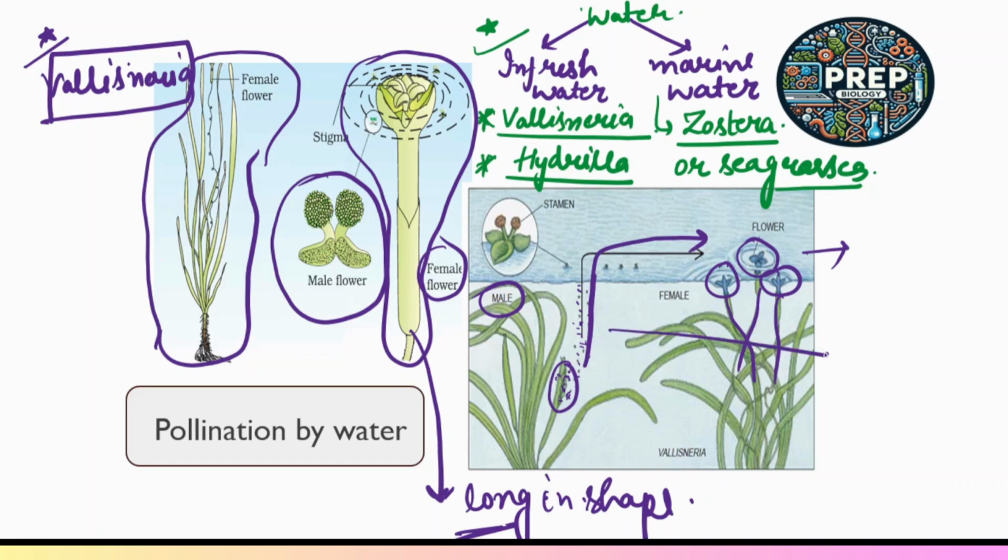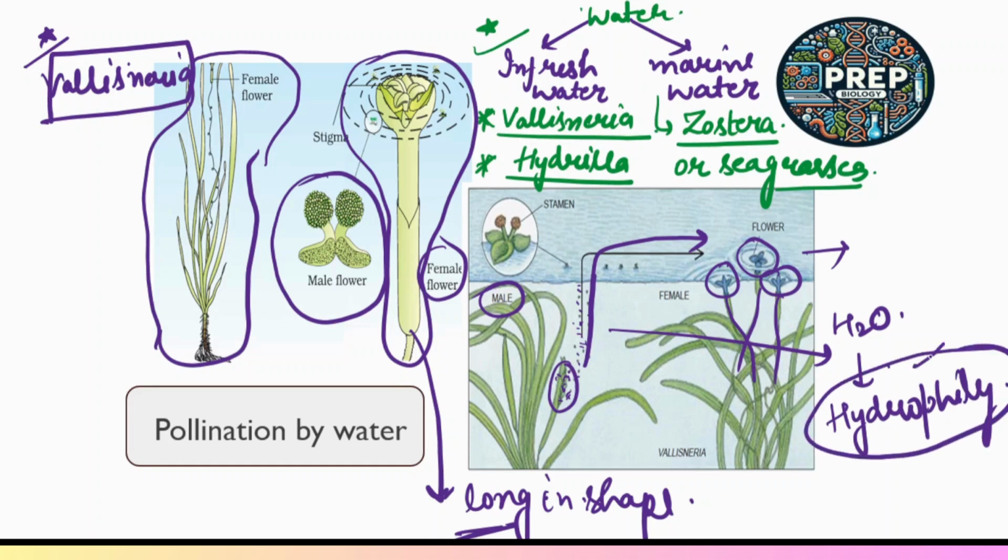That's why in Vallisneria the pollination occurs with the help of water. That process is called hydrophily. What is hydrophily? The transfer of the pollen grains from anther to the stigma with the help of water current. I hope this example is clear to you all.